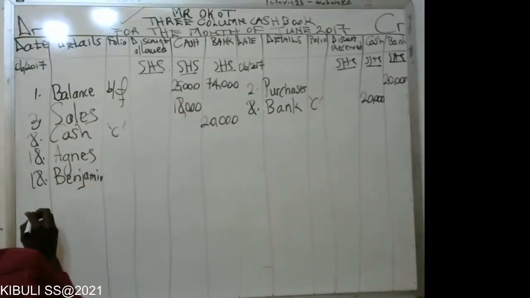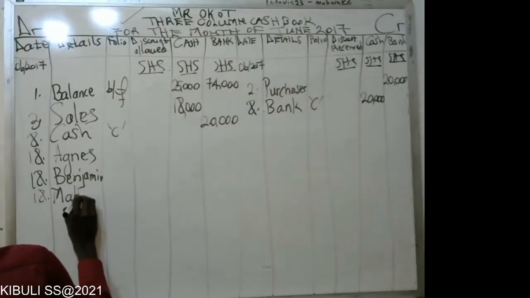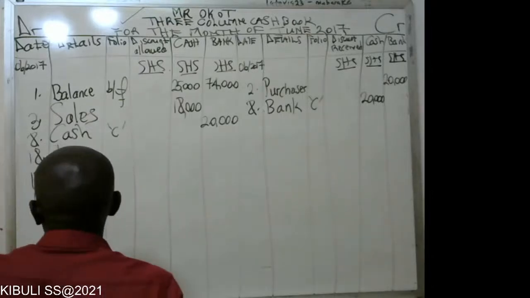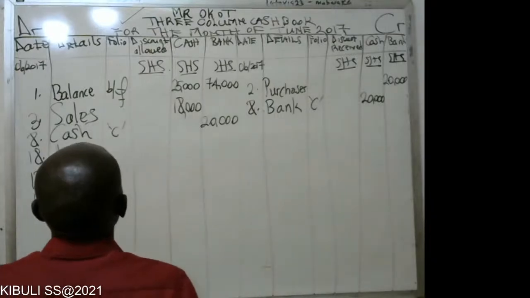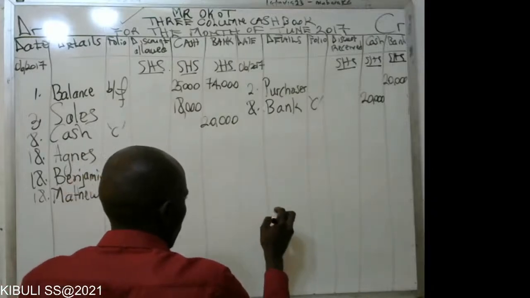We are not stopping there. Still on 18th, we are going to receive from Matthew. So now, let us calculate our discount. I'm going to borrow some space here.